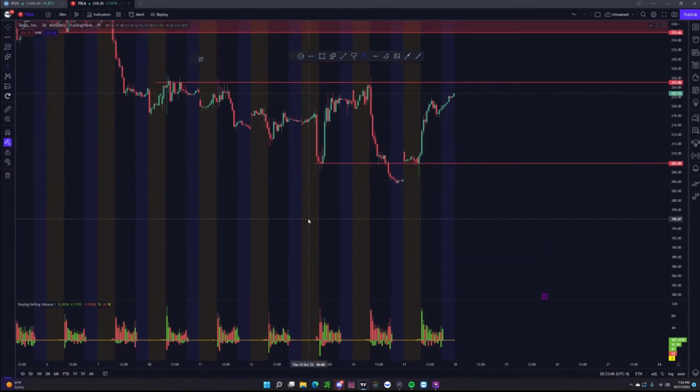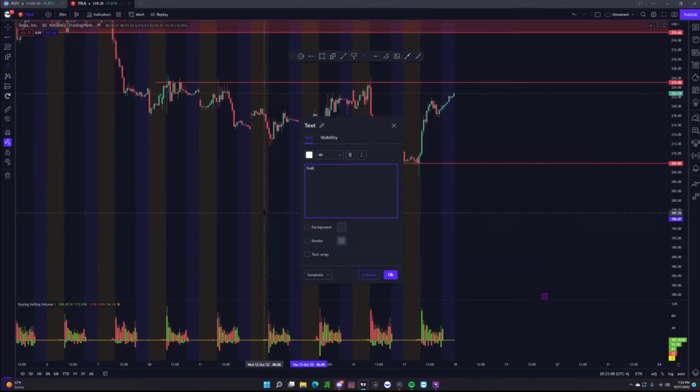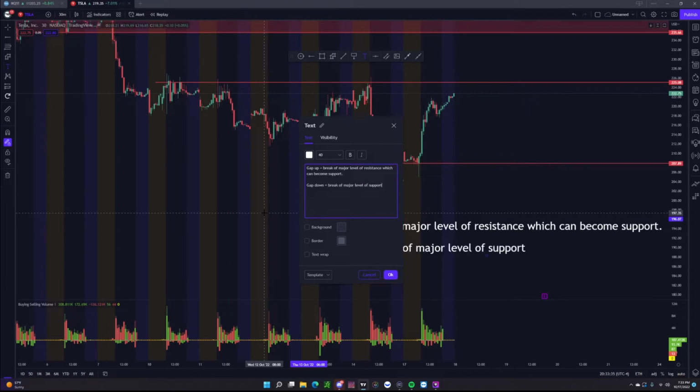Now, when looking at gap ups and gap downs, a gap up equals a break of a major level of resistance, which can become support, and a gap down equals a break of a major level of support, which can become resistance.